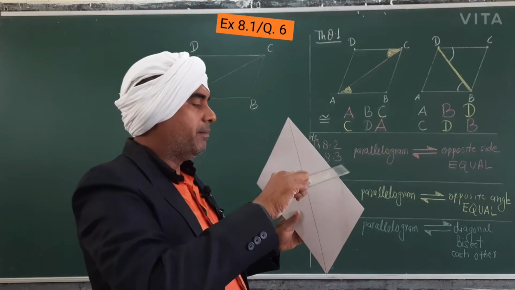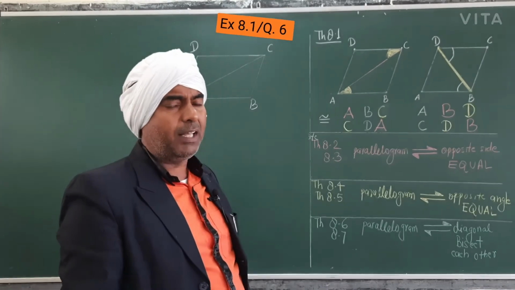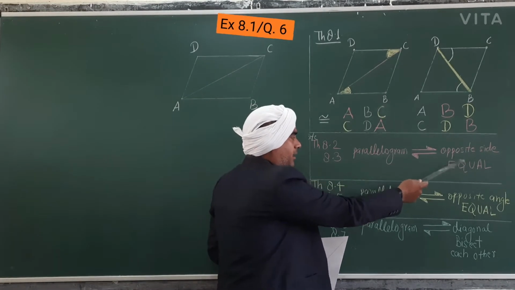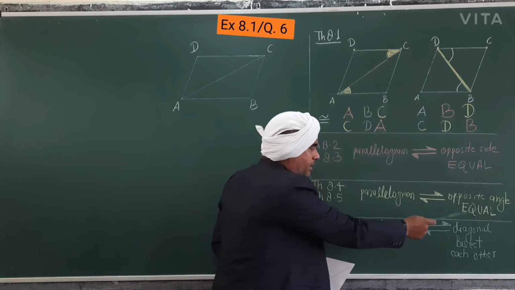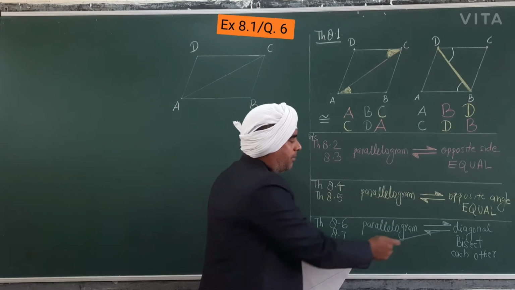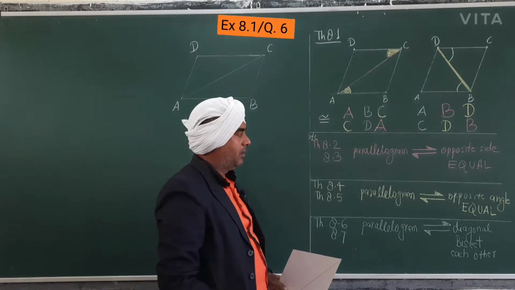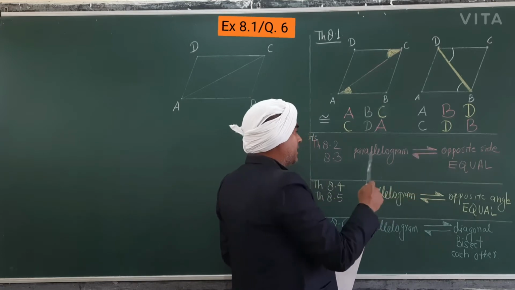Means I have measured only the length and confirmed the angles are equal. What angle? The theorem is opposite sides are equal, then parallelogram. In parallelograms, opposite angles are equal. In a parallelogram, diagonals bisect each other. Okay, means first we will confirm the opposite sides are equal, means it is a parallelogram.